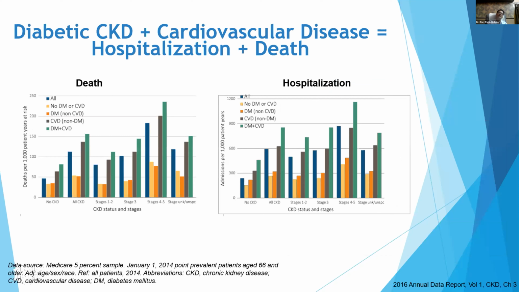You can see the green bars, at every level of kidney disease, if you have a combination of DM and CKD, it will have an increased incidence of death along with increased incidence of hospitalizations. So obviously these two together lead to a huge burden of mortality in the diabetic population in particular.